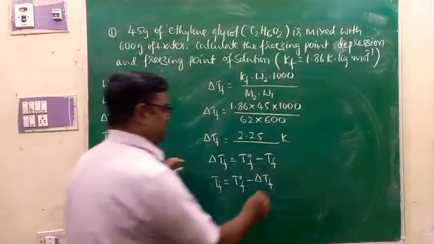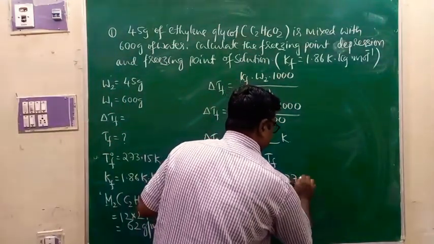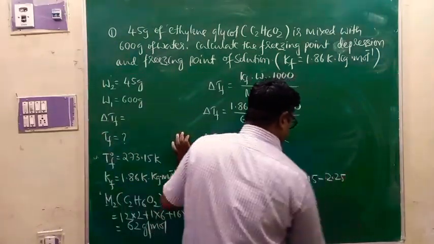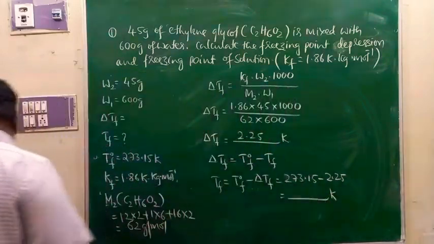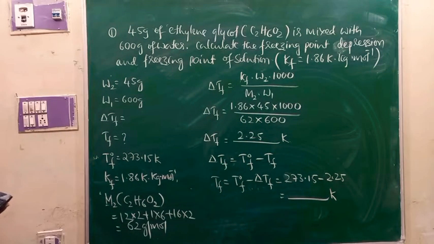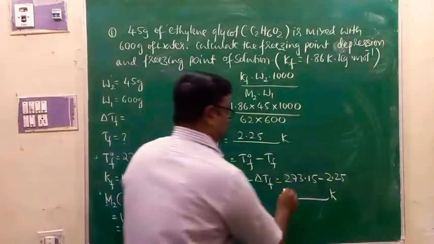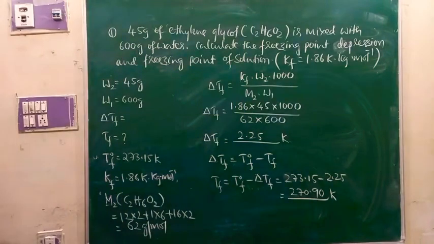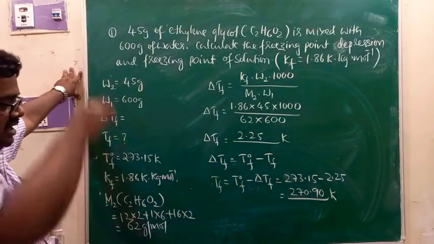Therefore 273.15 minus 2.25, and it comes out to be in kelvins 270.90 kelvins. So this is what we call the freezing point of the resulting solution.